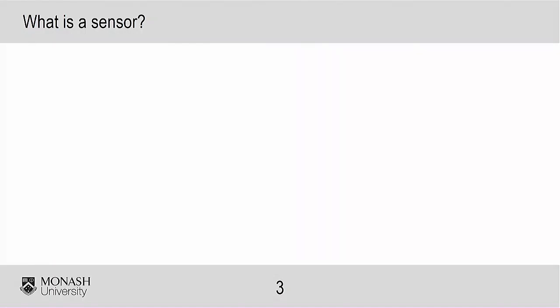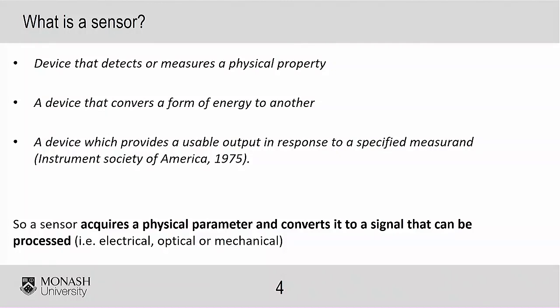Very, very good. Okay, so it essentially converts energy from one medium to another. There's a few definitions that we can apply here. We could say that it's a device that detects or measures a physical property. A sensor converts one form of energy to another, exactly how you said, which is why I thought you'd somehow gotten a copy of my slides.